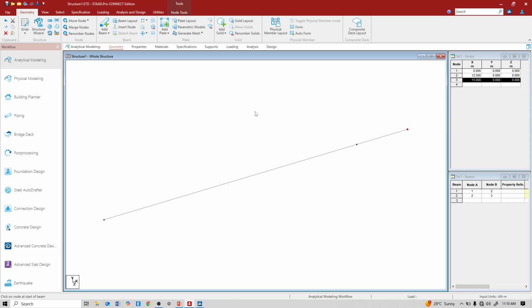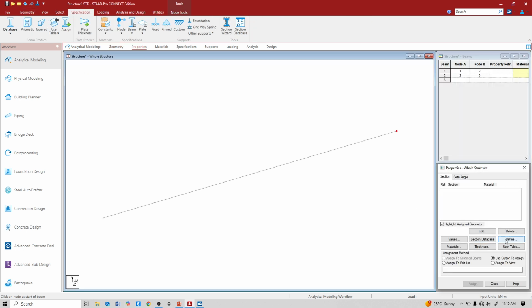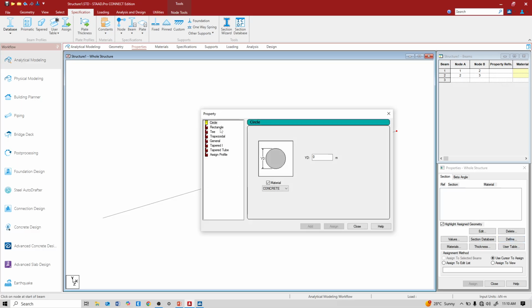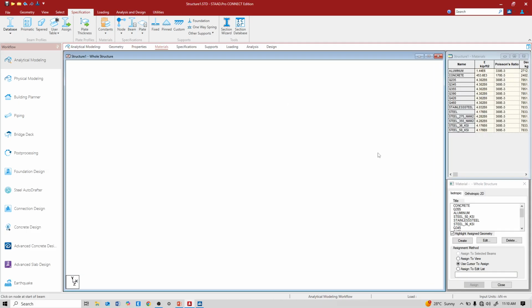So this is only a line model. Now go to properties, define, we define some section. We don't need to define a section, but for this STAAD Pro error-less analysis we need to provide some section. So 230 by 450 section, and assign to beam. If we don't define this section, then STAAD doesn't give us moment and shear values, because an error comes.